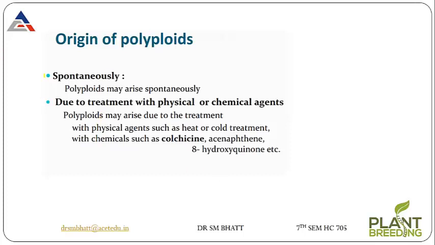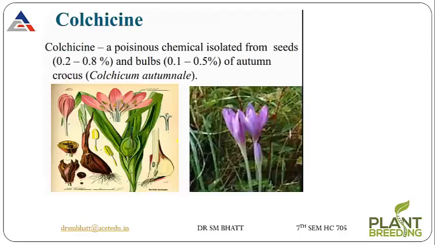Either by spontaneous mutation or by induced mutation, using physical or chemical agents. For physical agents, you can use heat or cold treatment for some time. Colchicine is used popularly for polyploid production and is most often used. Colchicine is a poisonous chemical isolated from the seeds and bulbs.